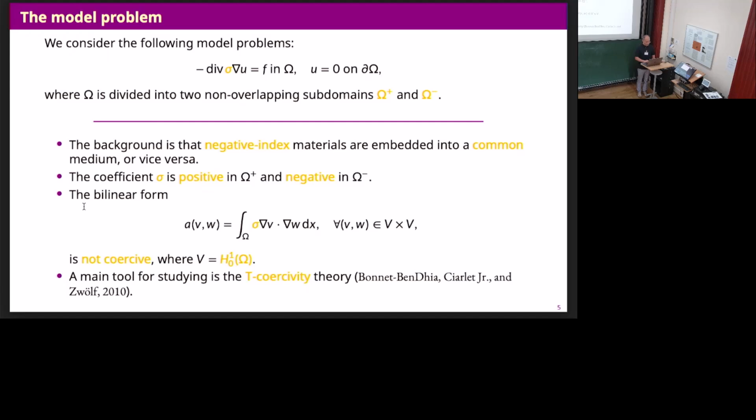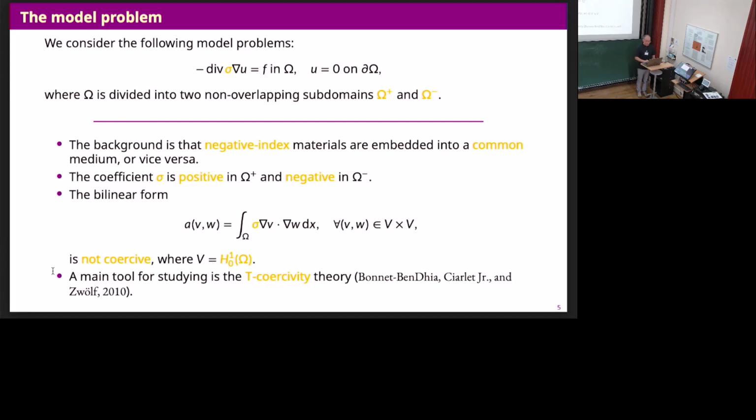And then the standard bilinear form for this problem can be defined similar to the classical sense. Okay, so A(v, w) is defined in the same way as before. And then this space capital V is also defined similar to the classical problem.